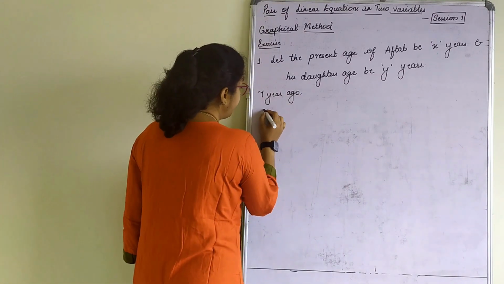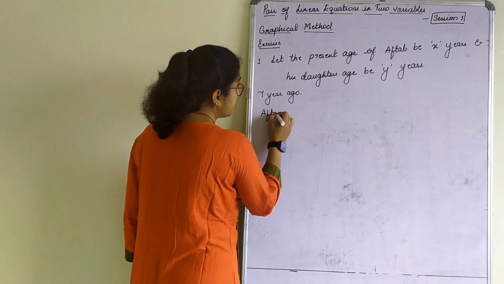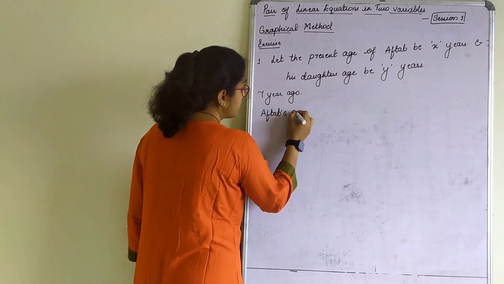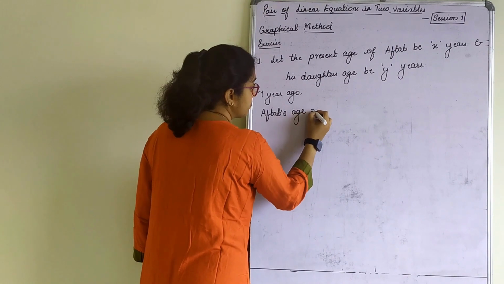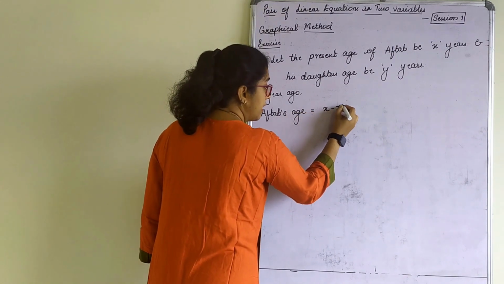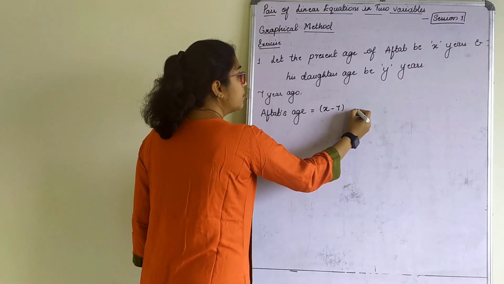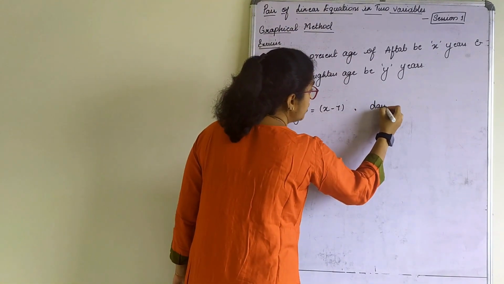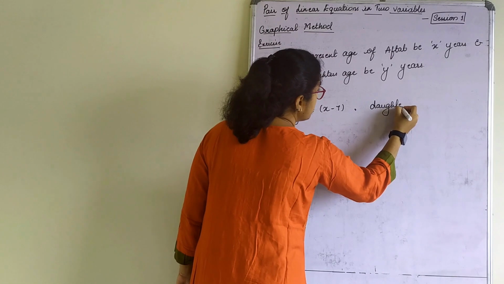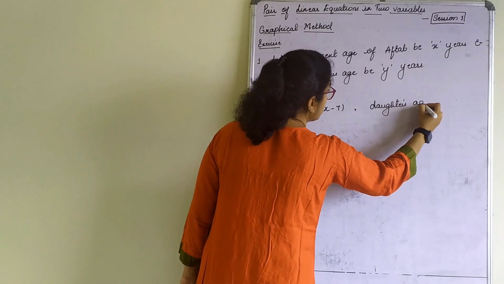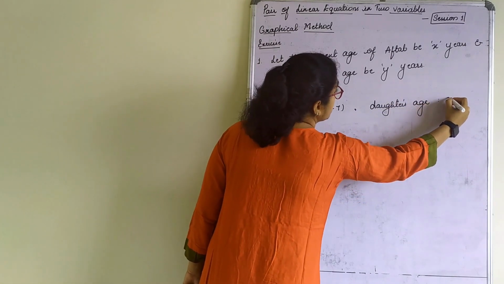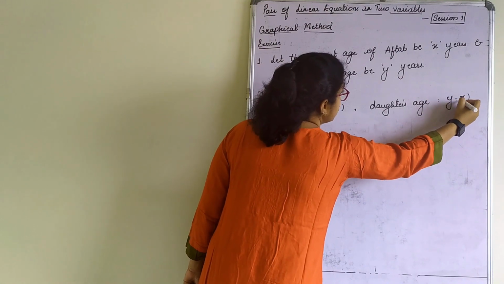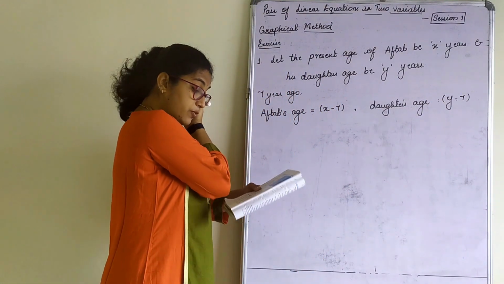So what will be Aftab's age? X minus 7. What will be his daughter's age? Y minus 7.